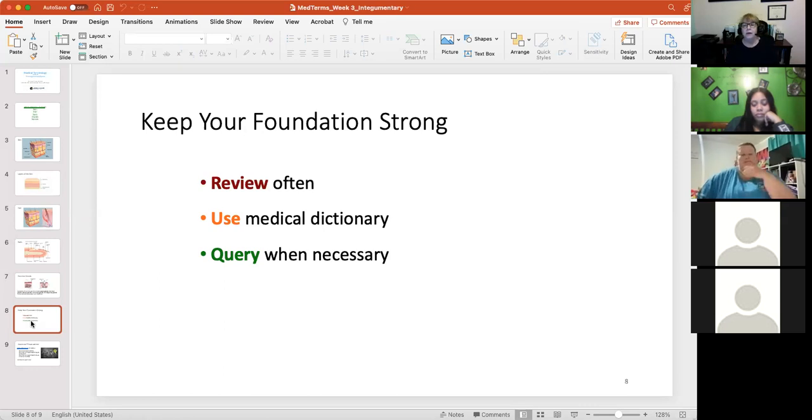And query when necessary. That is part of your job, no matter what your job is in healthcare or even as a patient. If you come across something you do not understand, you must ask. That is the right thing to do. That is the smart thing to do.